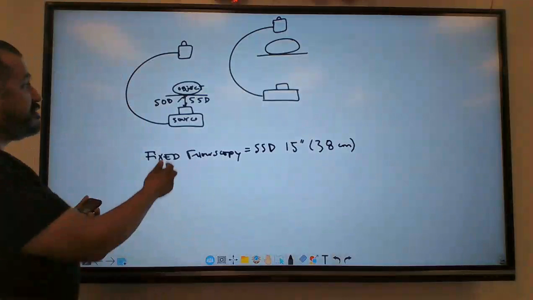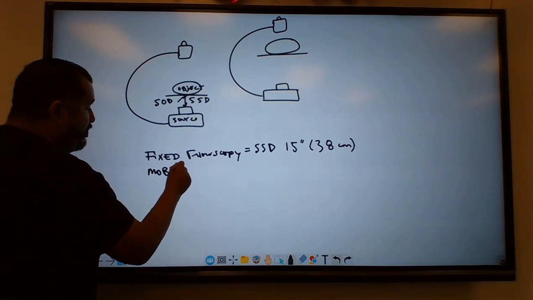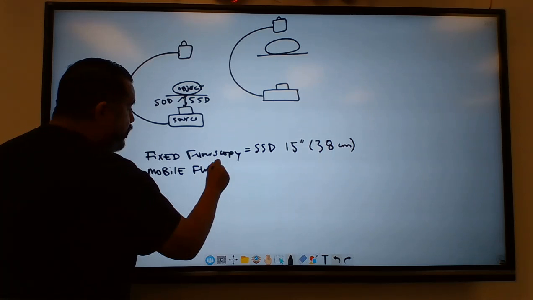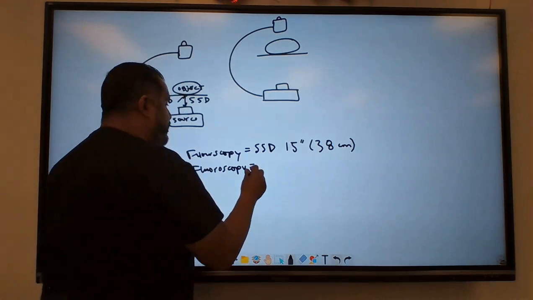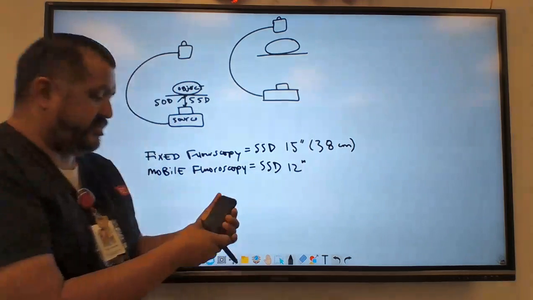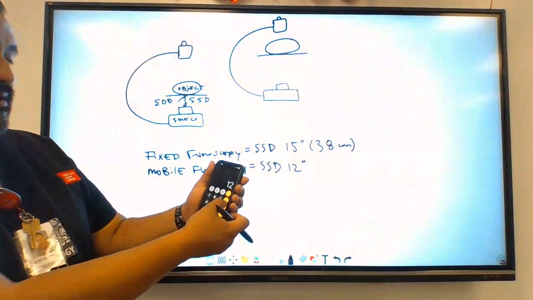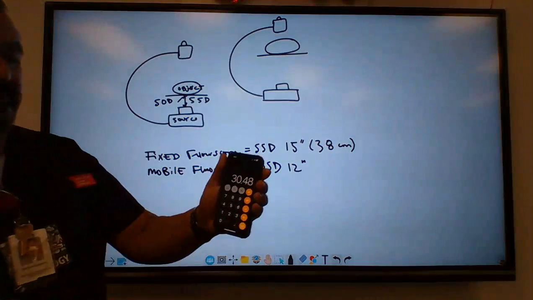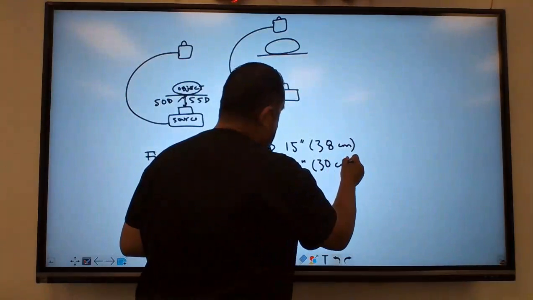Now, if you're using a C-arm, mobile fluoroscopic exams, you're going to have an SSD of no less than 12 inches. So 12 times 2.54 is 30, so that'll be 30 centimeters.